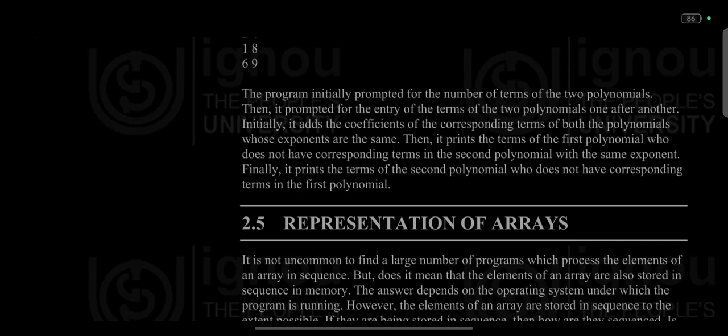Then it prints the terms of the first polynomial that do not have corresponding terms in the second polynomial with the same exponent. Finally, it prints the terms of the second polynomial that do not have corresponding terms in the first polynomial.